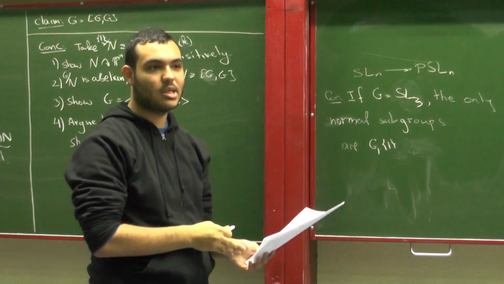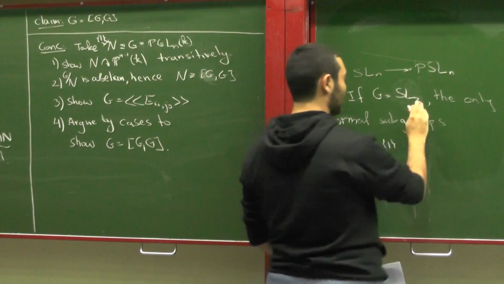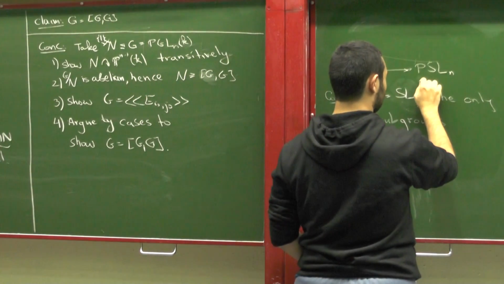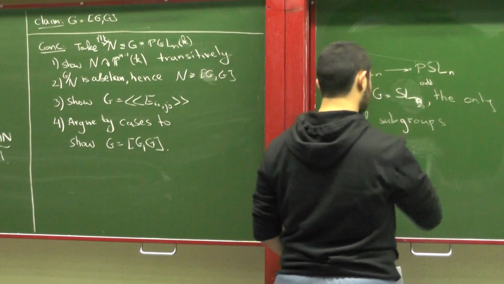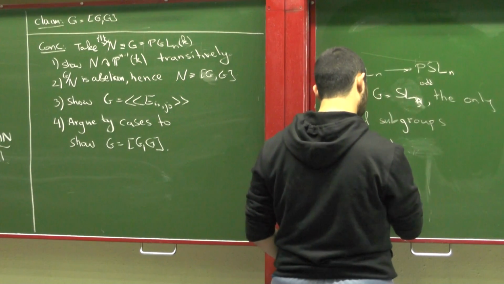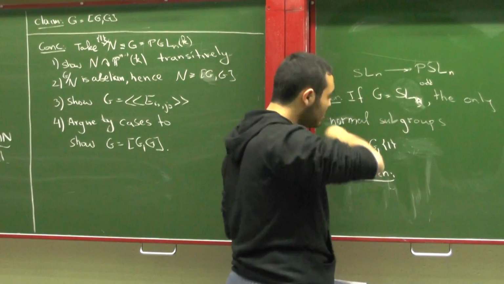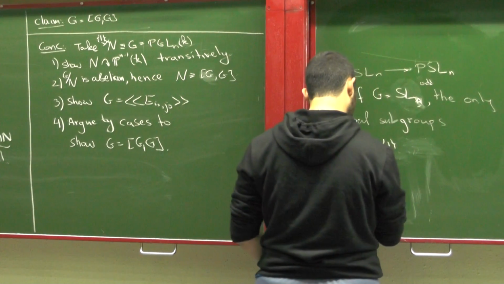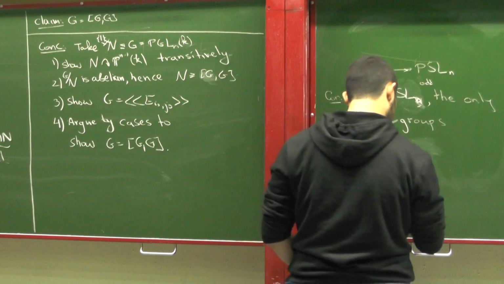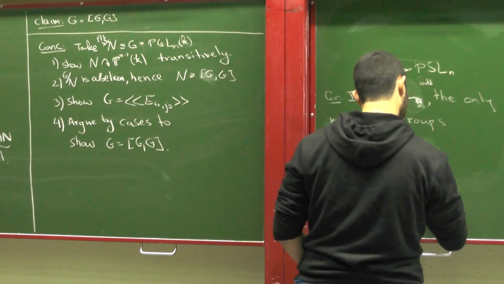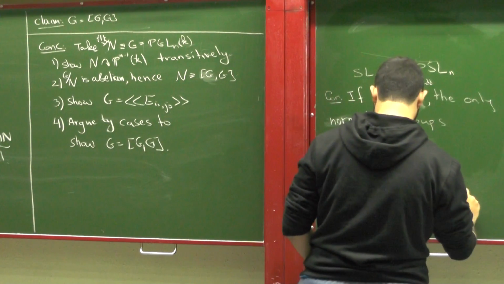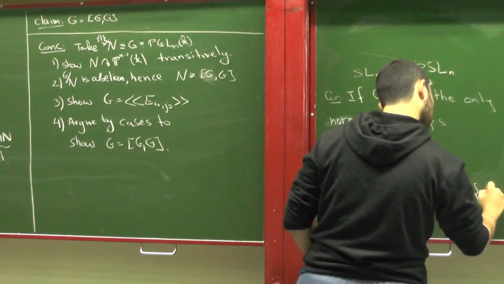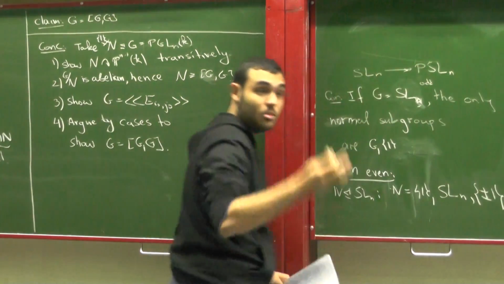If n is odd, then SLn is simple, and if n is even, then the unique non-trivial normal subgroup of it is its center, which consists of ±1. Yes, so write it, it's good. Thank you.